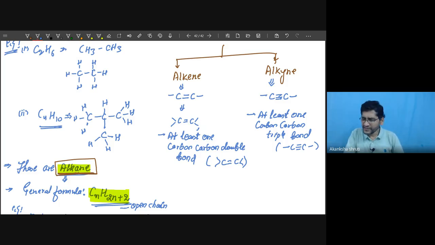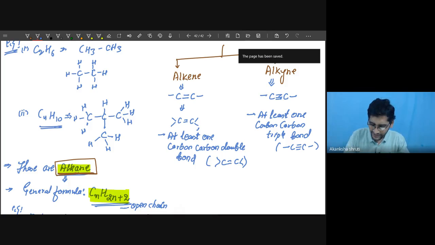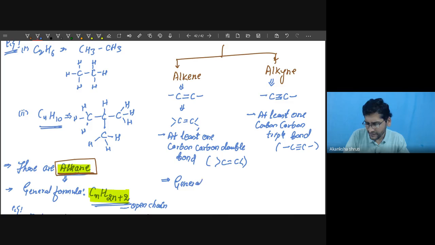Considering this, when the double bond is formed, it means two hydrogen of alkane are replaced by one double bond. It means the general formula for open chain hydrocarbon will get modified. So write the general formula for open chain: it becomes CnH2n.